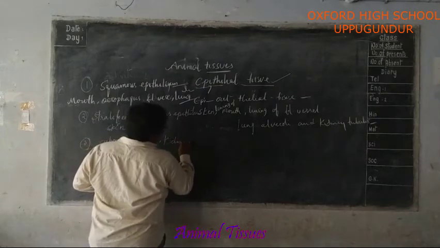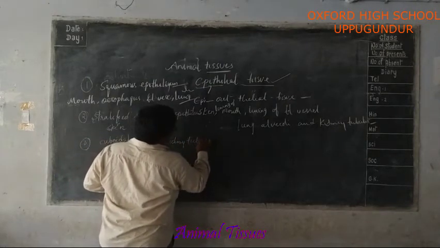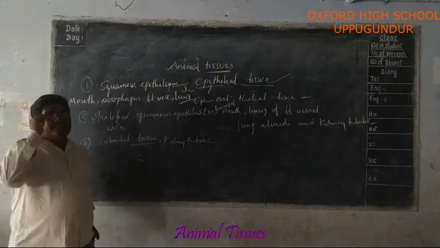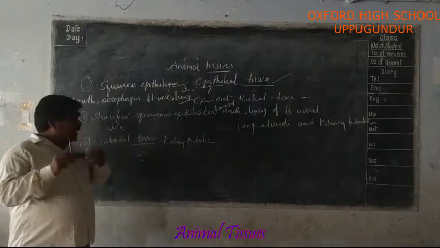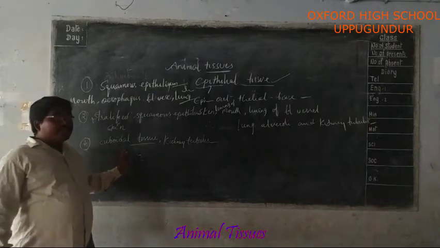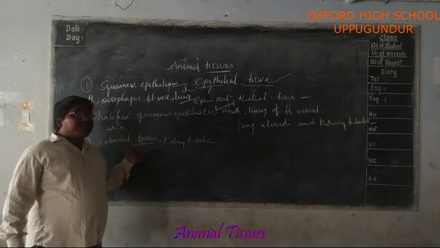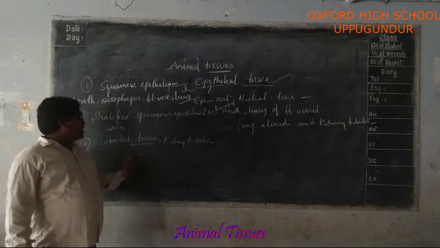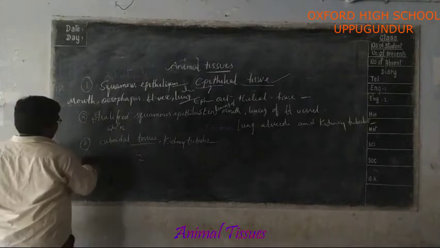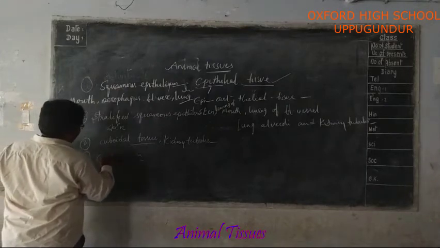Where is it located? Kidney tubules. Okay, this is the cuboidal tissue. Do you understand? The epithelial tissue which forms the linings at the kidney tubules is called cuboidal tissue. And the last one is columnar tissue.